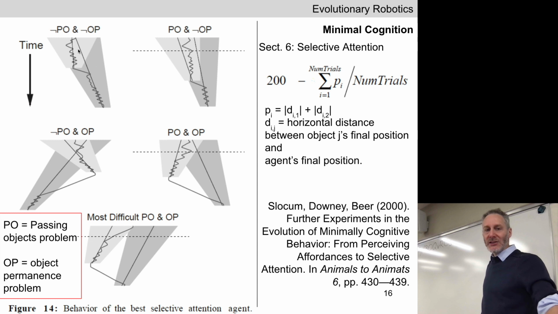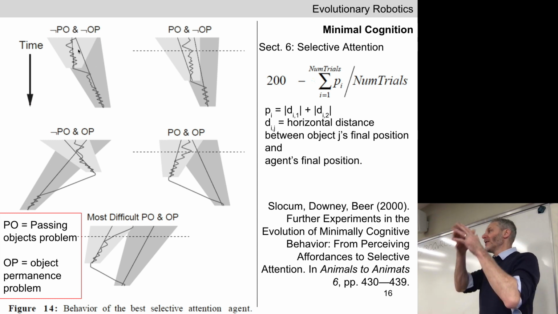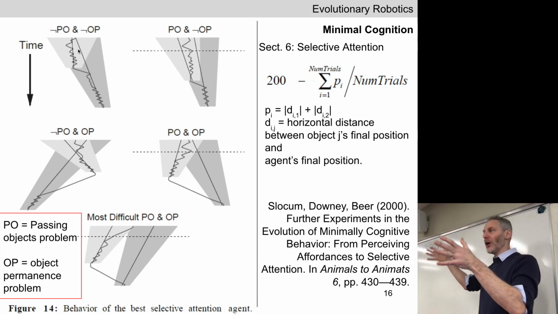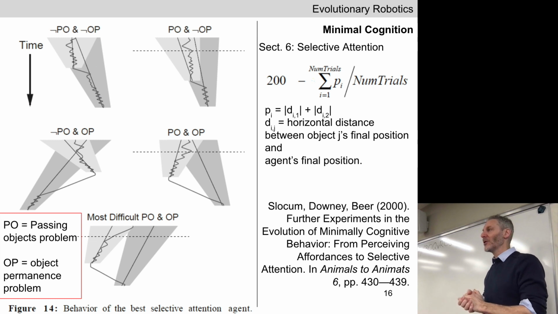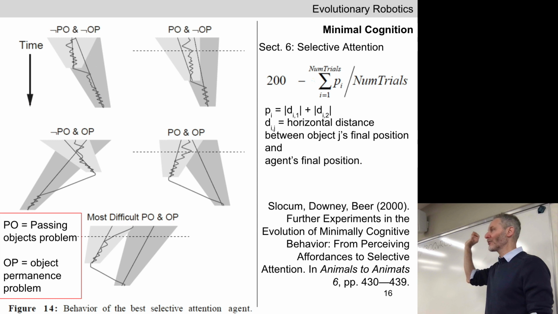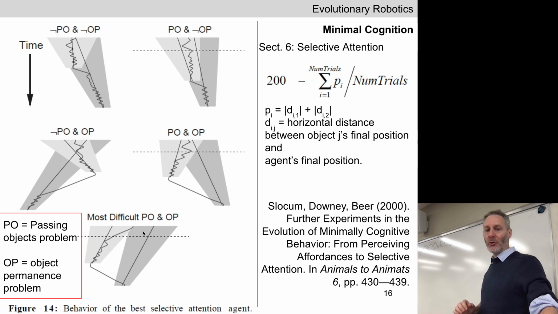So, as always, in the minimal cognition experiments, they evolved and evolved and evolved and evolved CTRNNs to get better and better at the task, and then plucked the most fit CTRNN out of the last generation of the evolutionary algorithm, dropped it back into the robot 1, 2, 3, 4, 5 times. And during those 5 evaluations of that evolved CTRNN, they exposed it to increasingly more difficult environments.